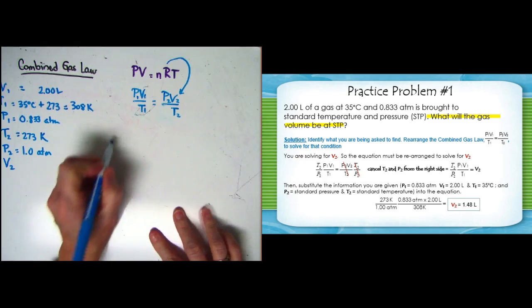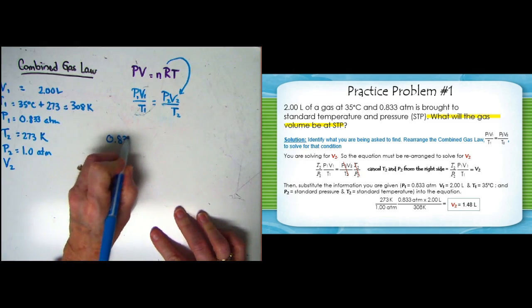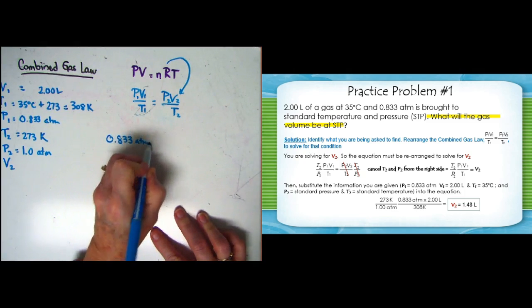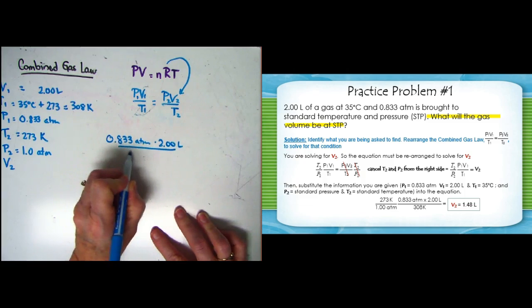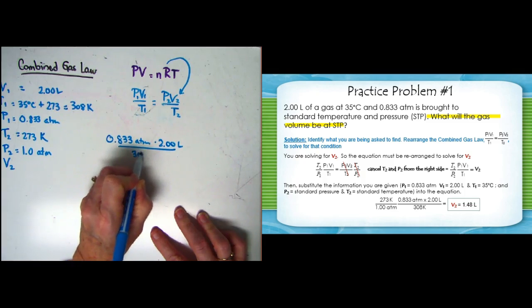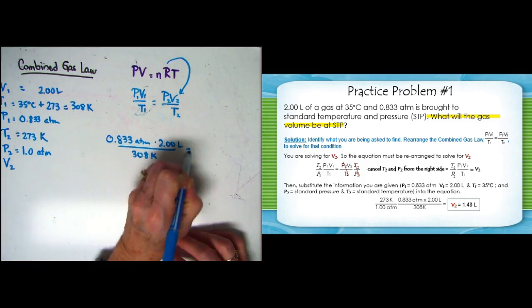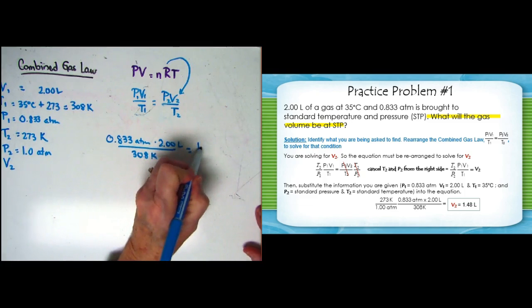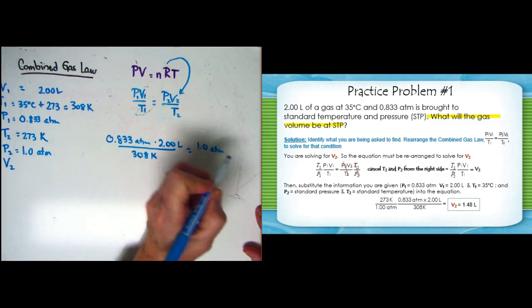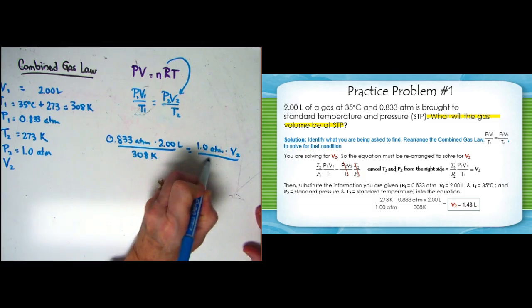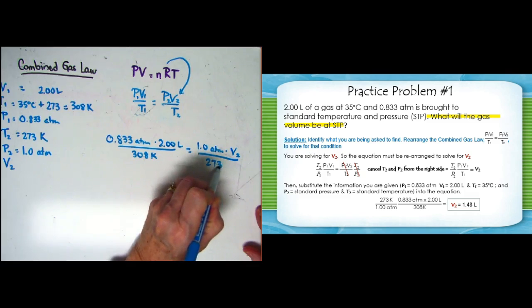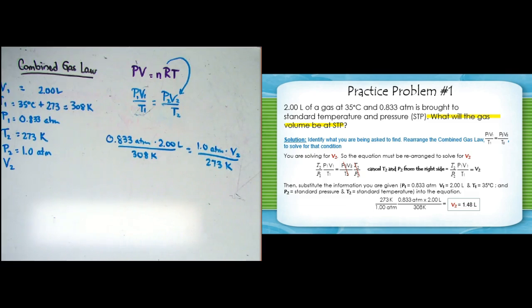So let's do this. We're going to go 0.833 atmospheres times 2.00 liters. We have T1 at 308 Kelvin. We have P2 at 1 atmosphere. We have V2, which we don't know, and we have T2, which is 273 Kelvin. Guys, this is just a proportion.